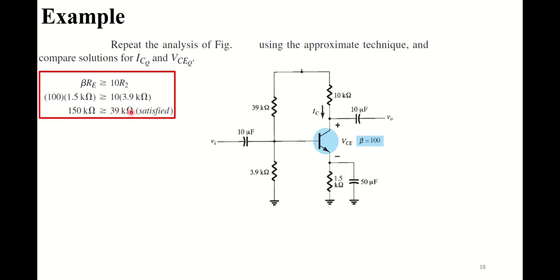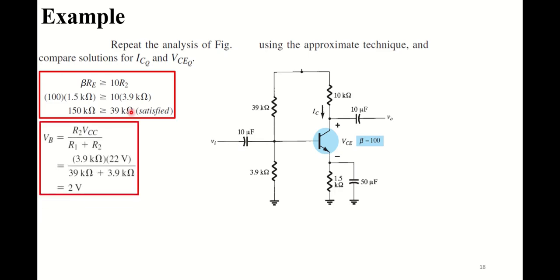In the application of approximate analysis, we consider that R1 and R2 are connected in series. Therefore, base voltage VB is equal to R2 VCC over R1 plus R2, as shown in this equation. After finding VB equal to 2 volts, we can easily find the value of VE to be equal to 1.3 volts by using the standard equation VBE is equal to VB minus VE is equal to 0.7 volts.